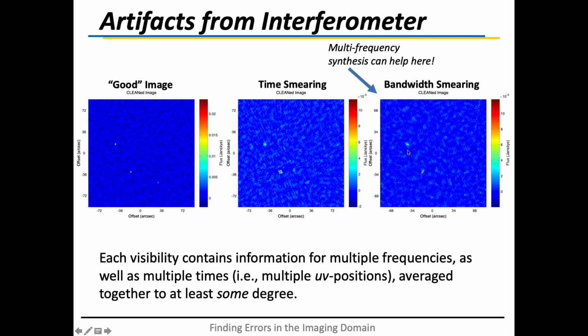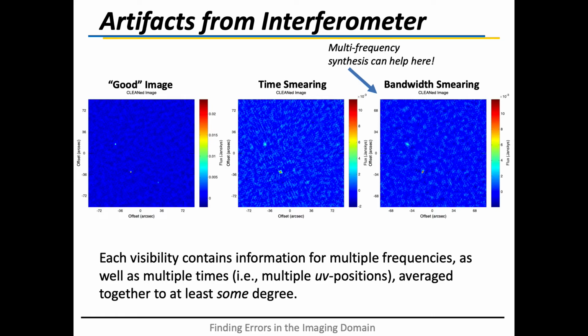Bandwidth smearing, fortunately, is a little bit easier to identify. You'll typically see that point sources will start pointing towards the field center. And so if you have all of your point sources pointing towards the very center of your map, it means that you probably have a bandwidth smearing issue. And in fact, you probably need to rethink what it is that you're doing. The most common place to have bandwidth smearing issues is in continuum imaging.